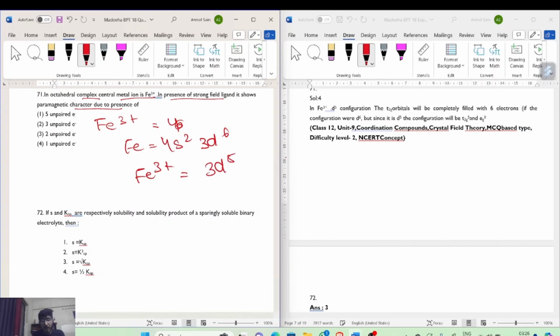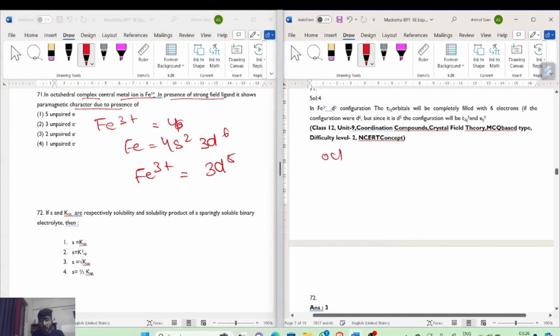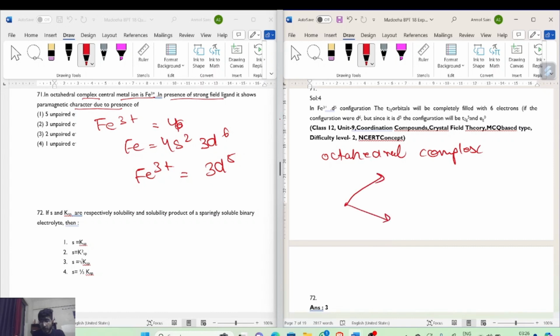Now we will draw its orbital diagram. We are given an octahedral complex, so the energy diagram will distribute in two parts: the t2g part and the eg part.